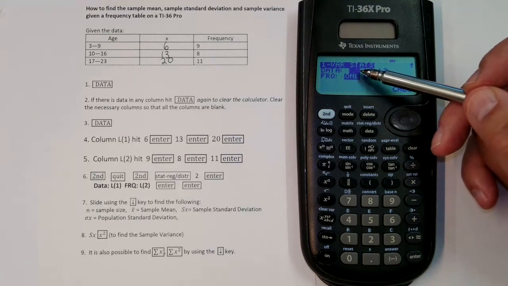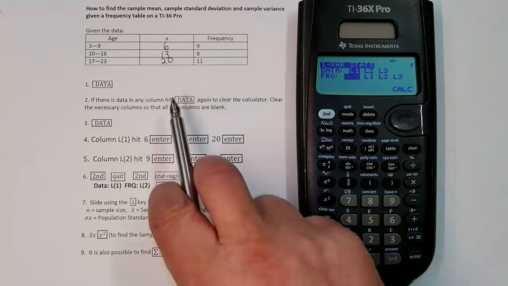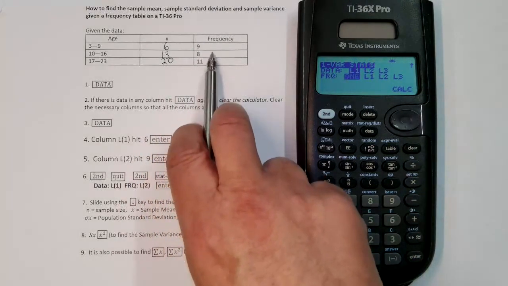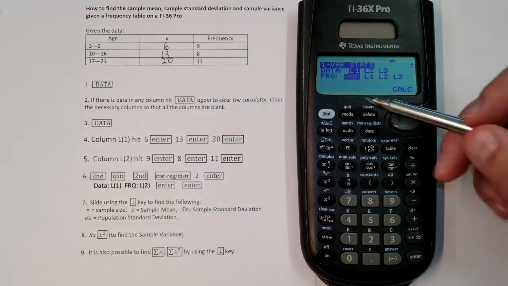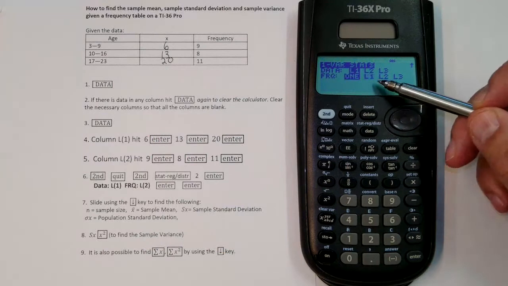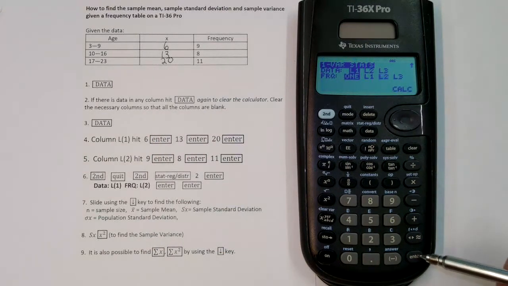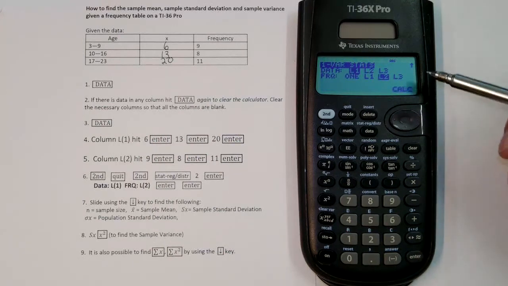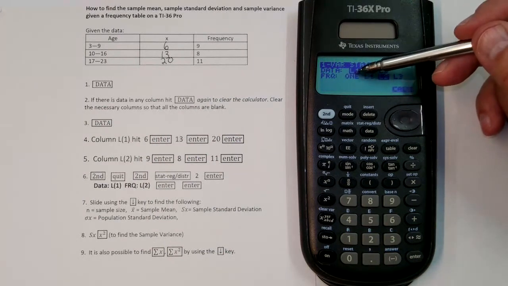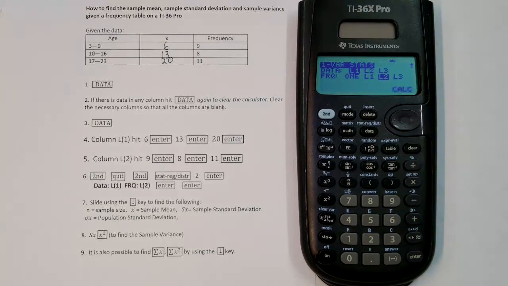Now it tells me L1 is my data, correct? But now here in column 2 was my frequency. So the frequency, instead of being 1 each, I'll use this arrow key to go to the frequency, choose L2, hit enter and then calculate. So in other words, data is L1, frequency is in L2. You can put them in any of the columns that you want.